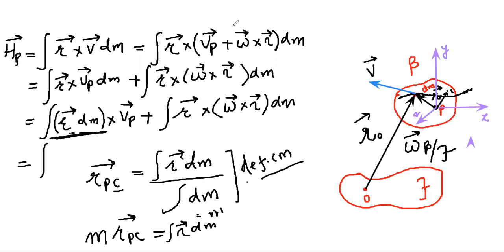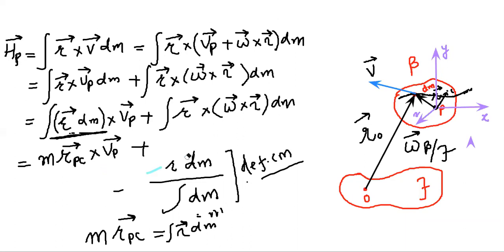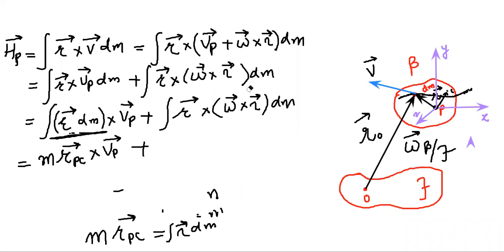In place of the integral of r dm, we can write m, the mass of the rigid body, multiplied by rpc, cross product with the velocity of point P, plus the entire expression, the integral of r cross (omega cross r) dm.